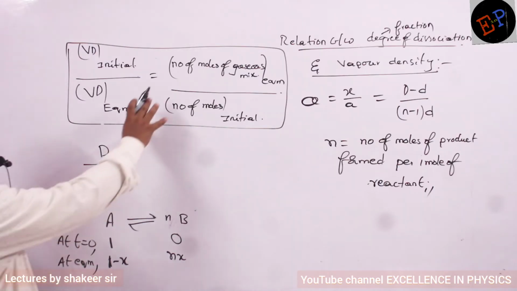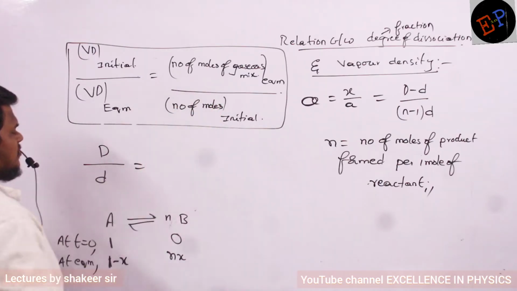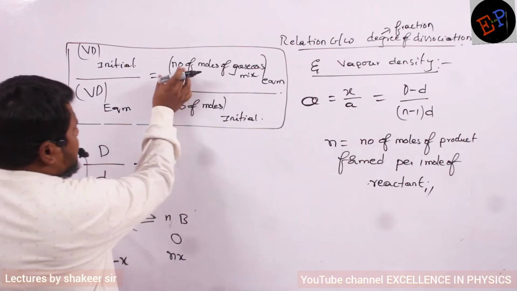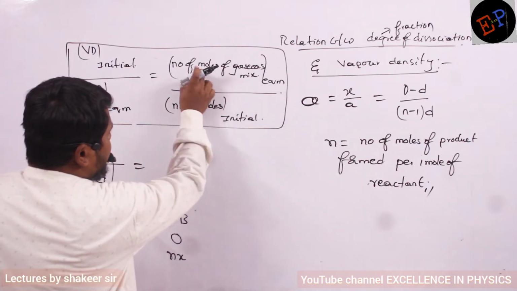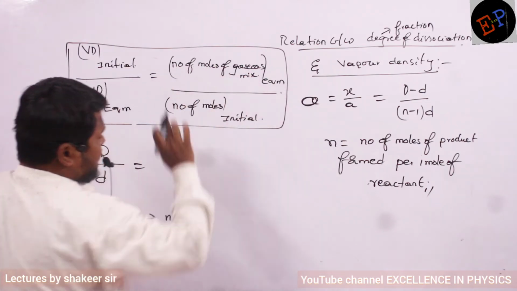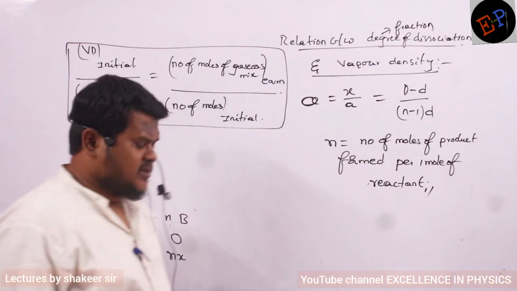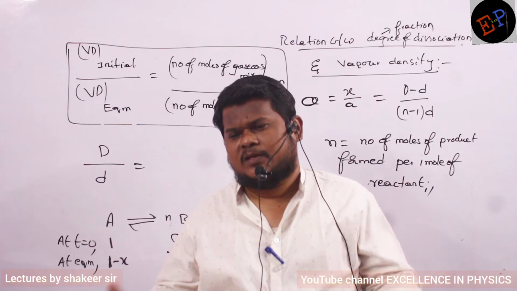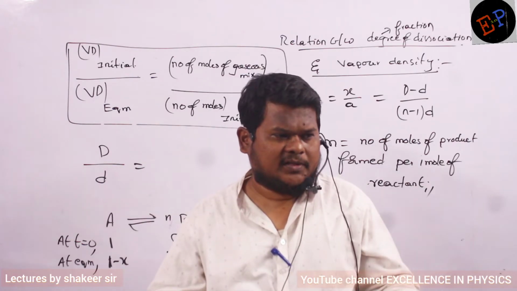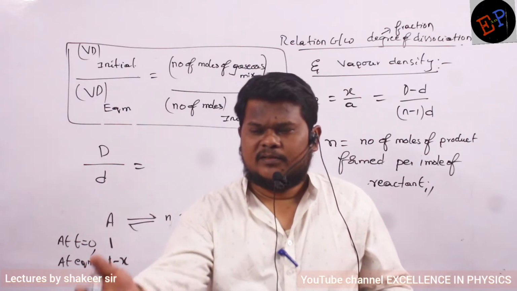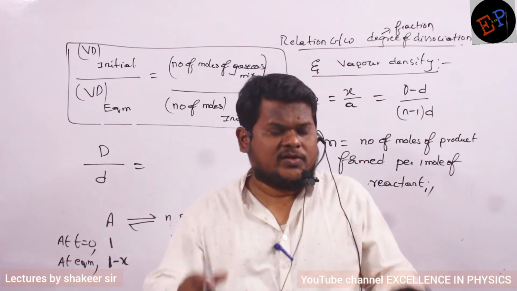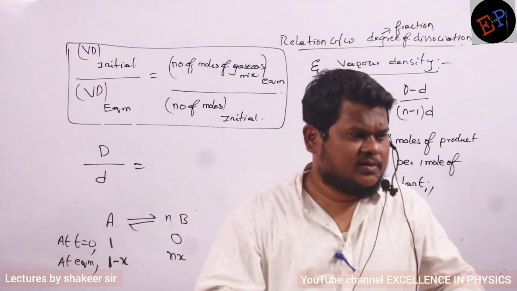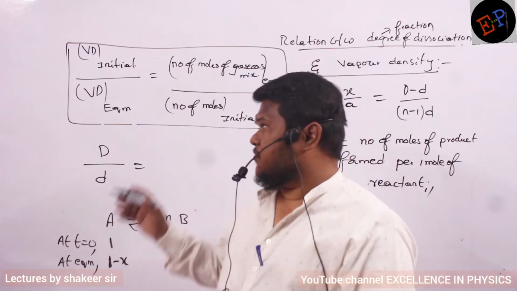Now we will try to fill this equation which we have written here. So number of moles of gaseous mixture at equilibrium. What is meant by gaseous mixture? Number of moles of reactants and number of moles of products. The reaction is happening in a container, so products will be there, reactants also will be there. So you take the number of moles of reactants and products, that is called number of moles of gaseous mixture.